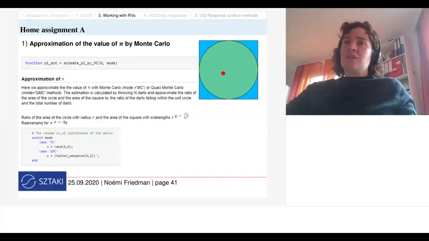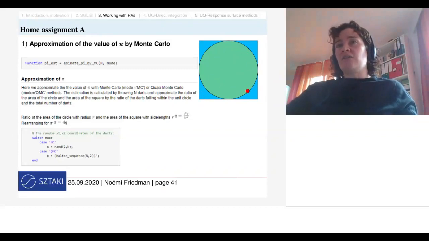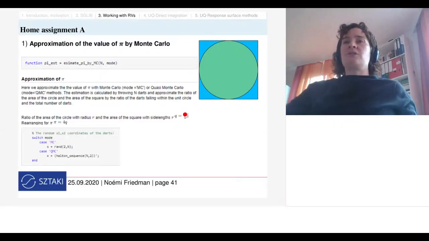The ratio between these two will give the ratio of the areas of the circle and this square shape. So knowing the ratio, which I can compute, I can estimate this ratio from the samples by checking how many samples are inside and how many samples are in total. And from this ratio, I can compute the value of pi, which is 4 times this ratio.